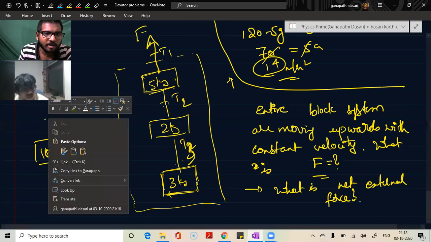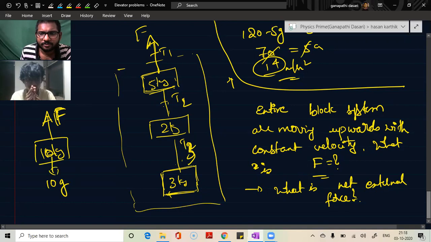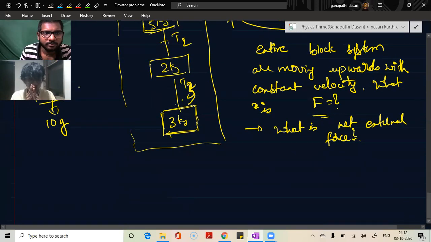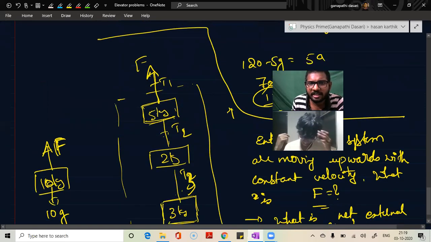Upwards is T1. T1 is nothing but that force. T1 is equal to force. Now I told you that force will become the entire string tension. Downward is 10G, isn't it? Now the question is F minus 10G. F is nothing but T, the tension on that string, because the entire topmost string will get the tension as force.